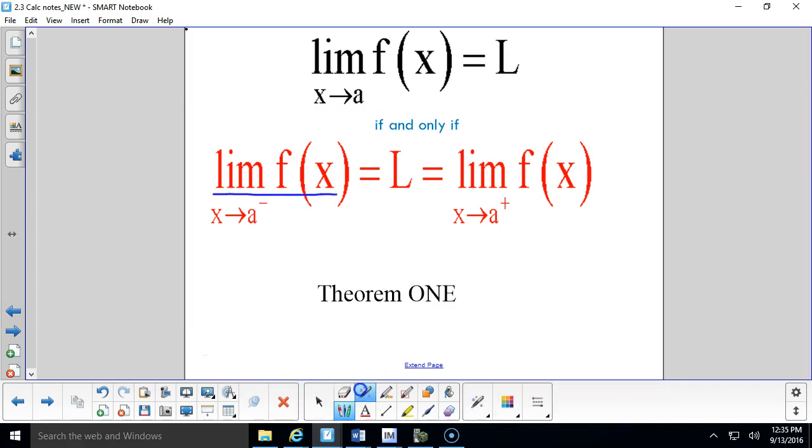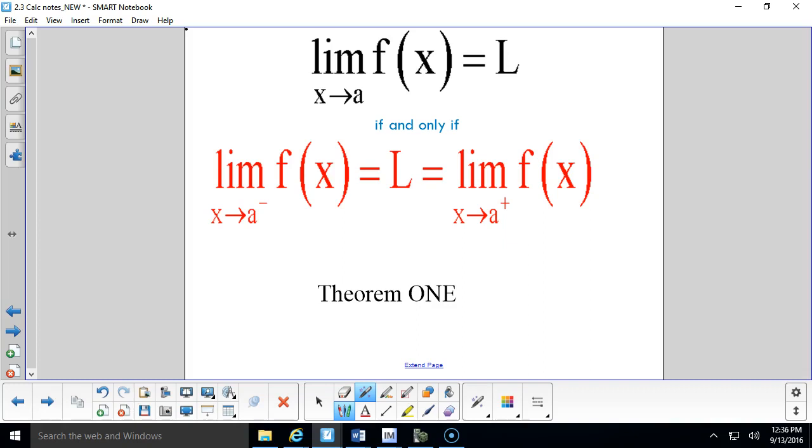The limit of this function as x approaches a from the left is equal to the limit of f of x as x approaches a from the right. So when you see this notation, it is referring to a two-sided limit. What you're coming to from the left and what you're coming to from the right have to be the same thing for the limit to exist.